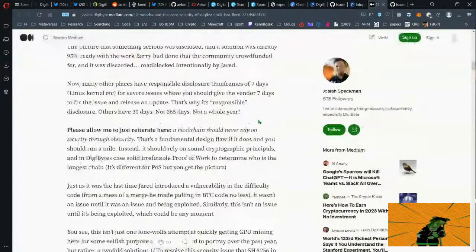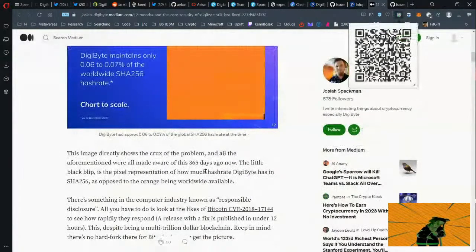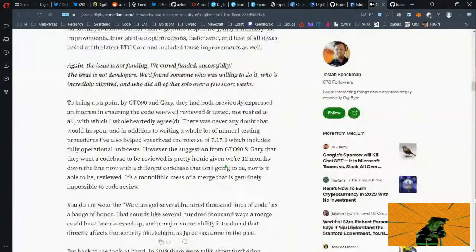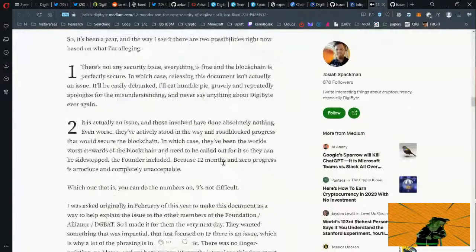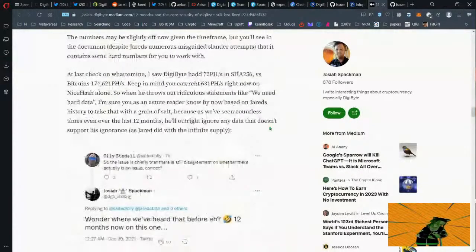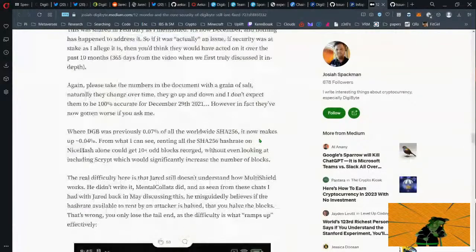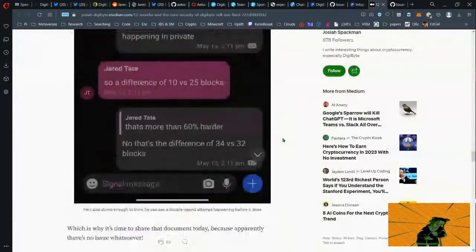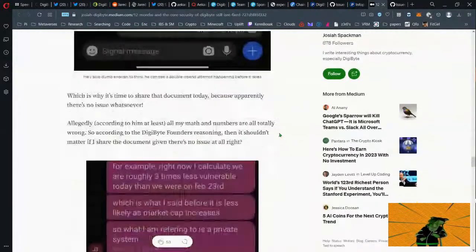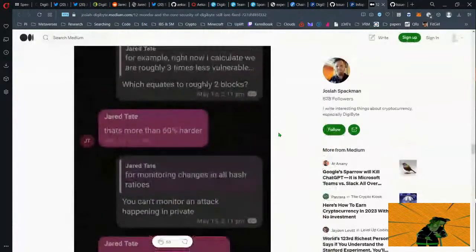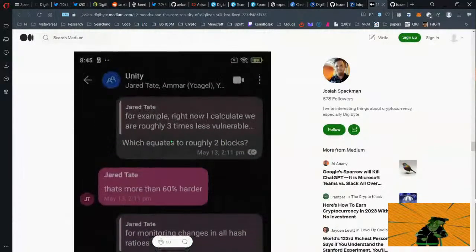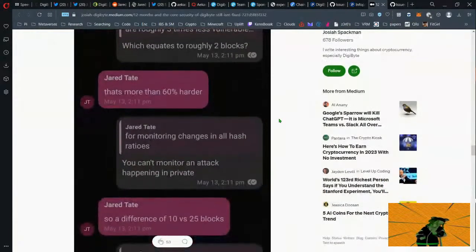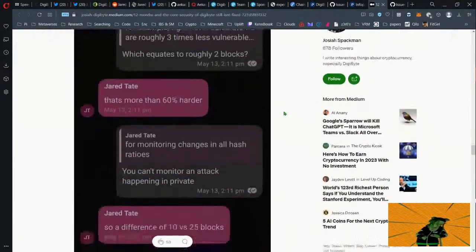I'm back on this Joshua article about the problems they were having directly with the founder, because he breaks down exactly what the real problem is. He has actual screenshots, actual receipts, actual messages with Jared. We can even see problems like here, where Jared is saying, so 2 blocks, roughly two blocks, it becomes 3 times less vulnerable.